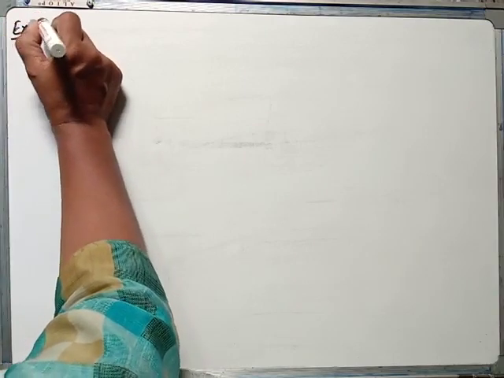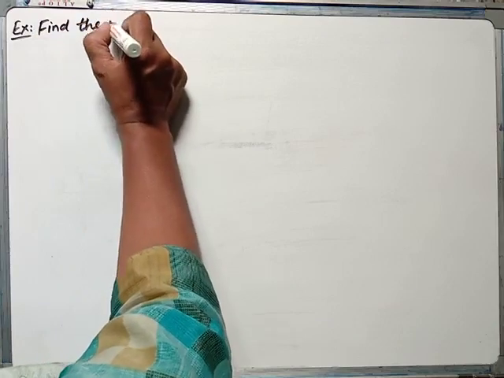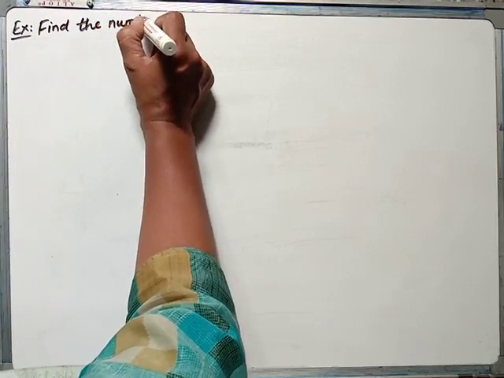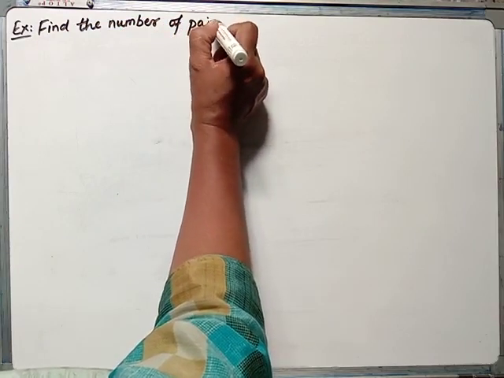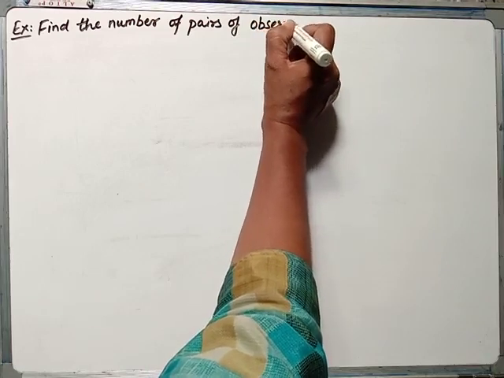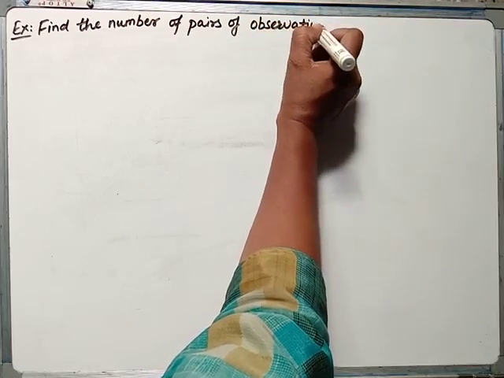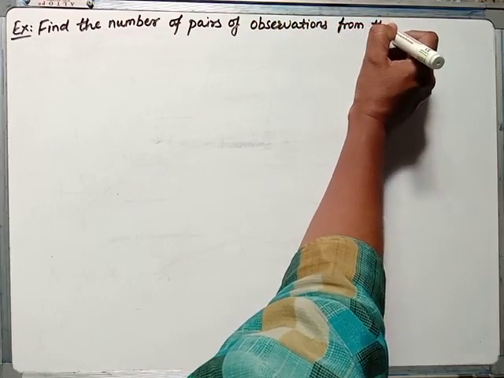Example: find the number of pairs of observations from the data.